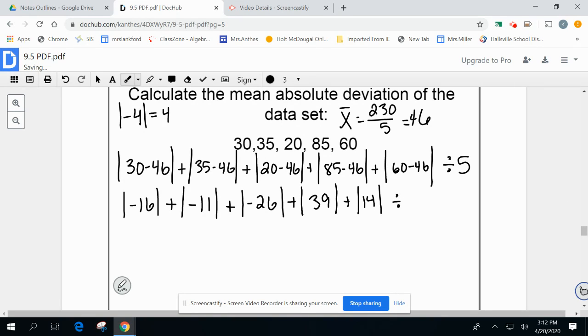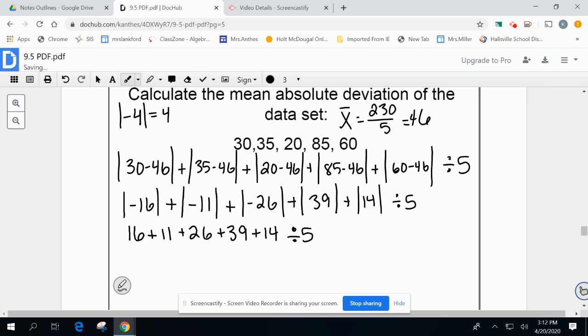That's divided by 5. Okay, so now if they were negative, they're going to become positive, and if they are positive, they're going to stay positive. So 16 plus 11 plus 26 plus 39 plus 14, and that's divided by 5.